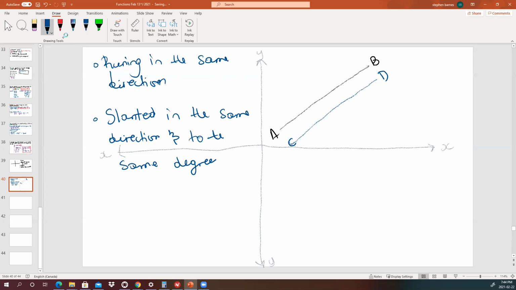The only thing is that it's not on top of each other. There is some distance apart, right?